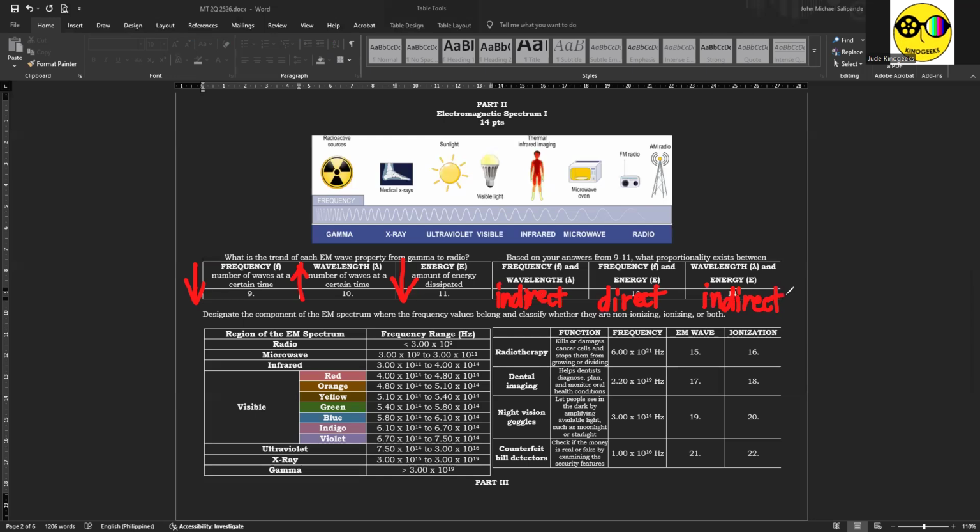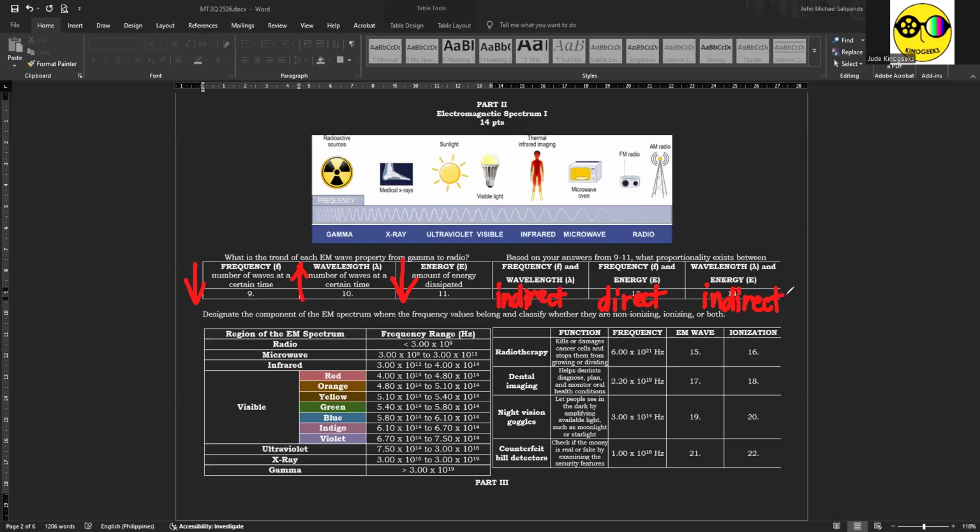All right, so let's move on to the next part. Designate the component of the electromagnetic spectrum where the frequency values belong and classify whether they are non-ionizing, ionizing, or both. Let's start with radiotherapy, which kills or damages cancer cells and stops them from growing or dividing.